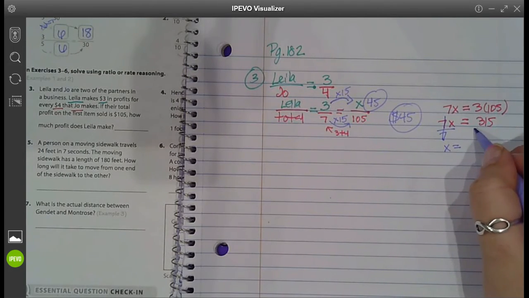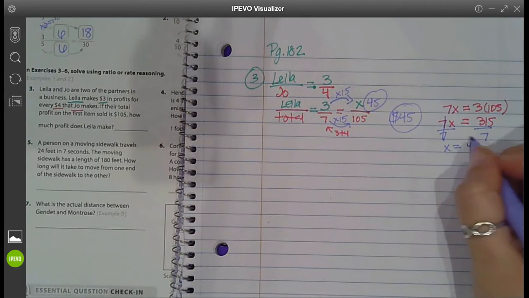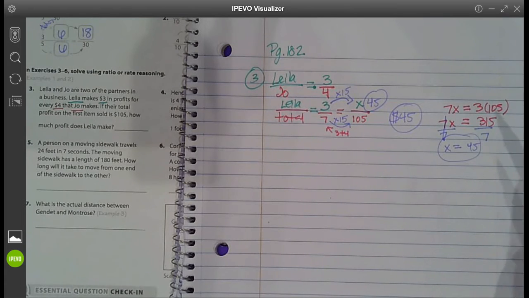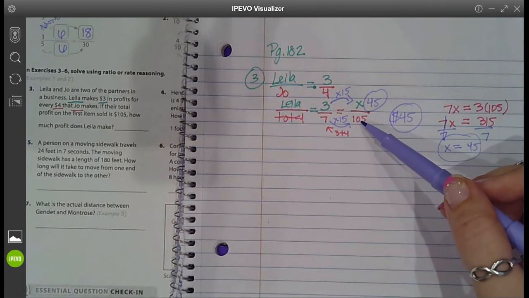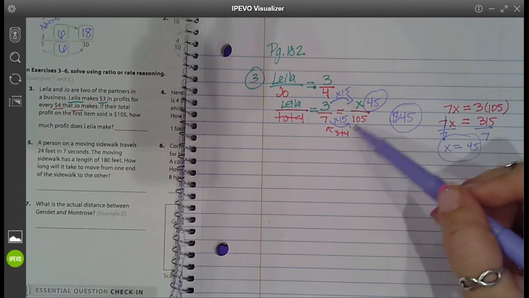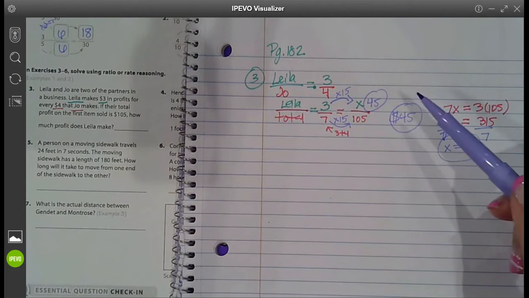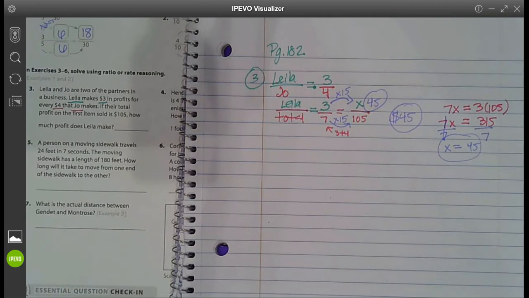Whatever you do to one side, you want to do to the other. Well, 315 divided by 7 is 45. And look at that, you got the same answer. So again, if for some reason you can't figure out what 7 times something equals, just solve by cross products. Or also, if it gets a repeating decimal, sometimes that's hard to work with, so then you could also use cross products.